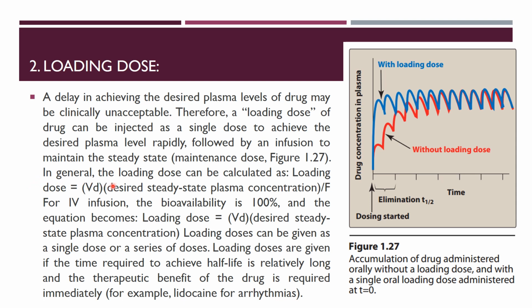In general, the loading dose can be calculated as loading dose equals Vd times desired steady state plasma concentration divided by F. For infusion, the bioavailability is 100% and the equation becomes loading dose equals Vd times desired steady state plasma concentration. Loading doses can be given as a single dose or a series of doses.